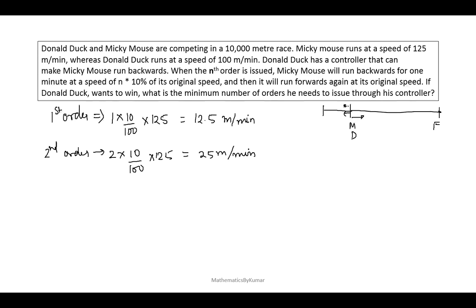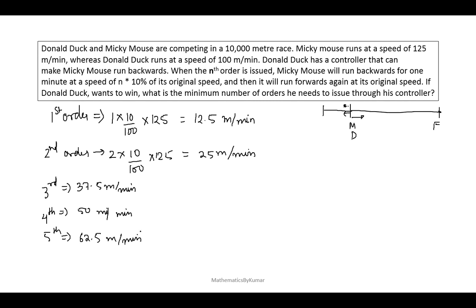So now we are getting an idea of what is happening in the third, fourth, and fifth orders. Mickey would be going back. I just keep on adding 12.5, so this is 37.5 meters per minute. This becomes 50, and this becomes 62.5 meters per minute.